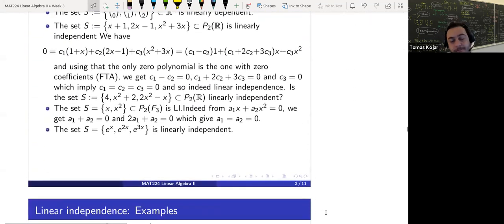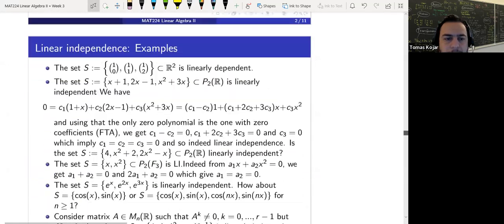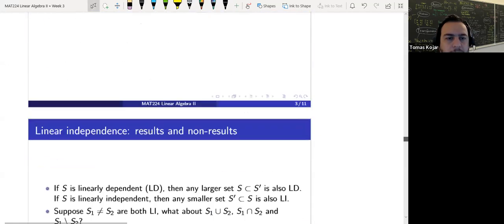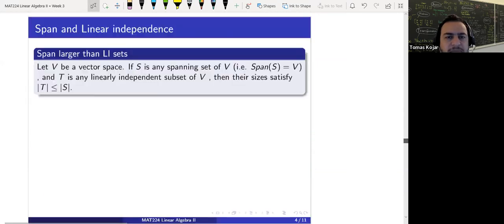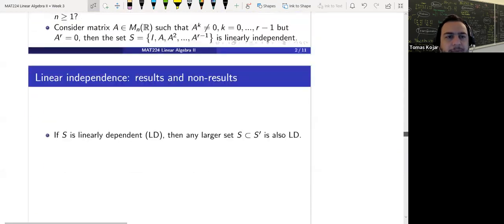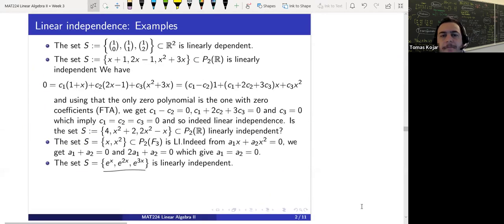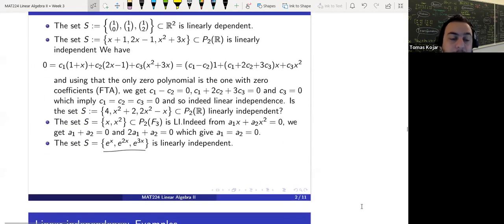Yeah, so another very famous example is you take all multiples of the exponential. Okay, so yeah, these are independent, and let's check why.